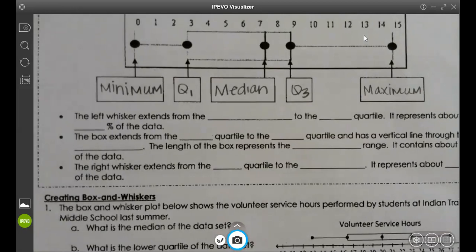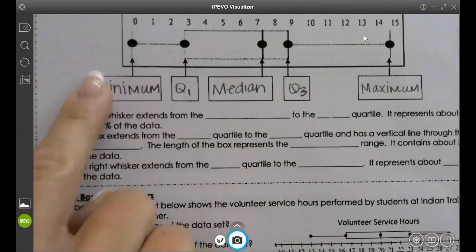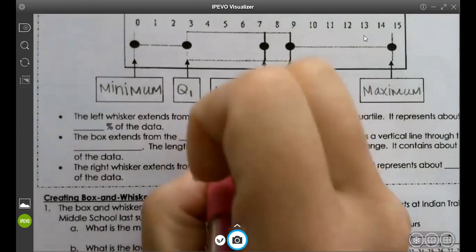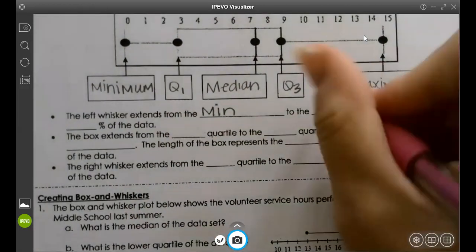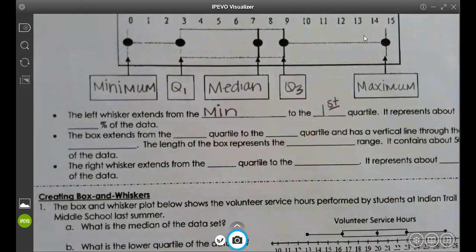All right, the left whisker, that's this little part right here, extends from the minimum to the Q1 or the first quartile. So it extends, and I'm just going to put min for minimum. We'll put max for maximum to the first quartile. Each little section, I'm going to highlight it for you.